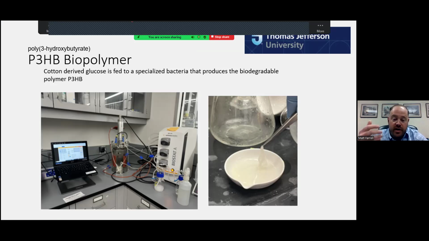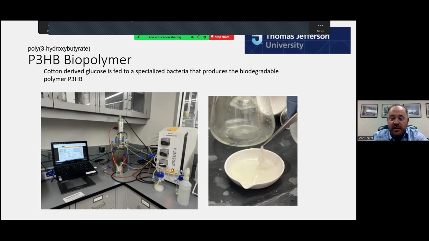So we're creating the glucose here in our labs and supplying it to them. In turn, they take the glucose solutions that we're producing and they're feeding it to a specialized bacteria. This sounds funny, but when you stress the bacteria, it actually excretes this P3HB biopolymer.